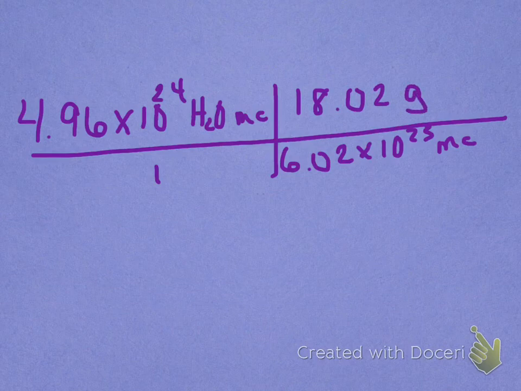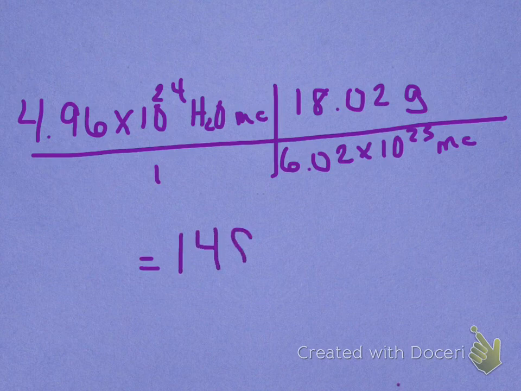So now, again, I'm going to plug this into my calculator. I've got 4.96 times 10 to the 24th times 18.02 divided by 6.02 times 10 to the 23rd. If I do this math, my calculator says 148.4704.